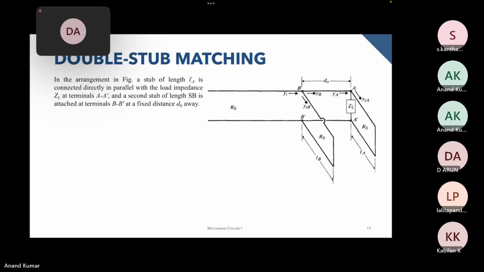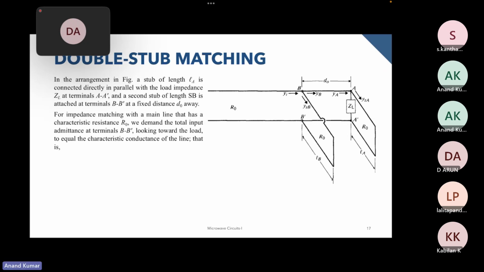We have already seen the arrangement. Essentially, we have this junction over here, A dash, and we have another junction B dash, where the two stubs are being attached, and the lengths of the two stubs are given by LA and LB. Just for nomenclature, remember this is YI, the final input admittance that has to be matched with Y naught.